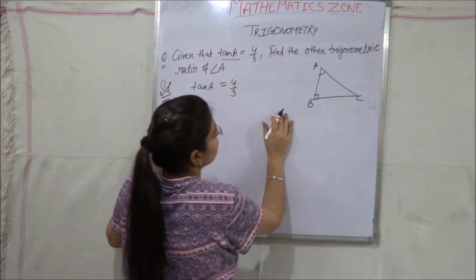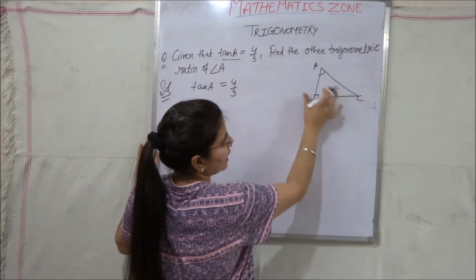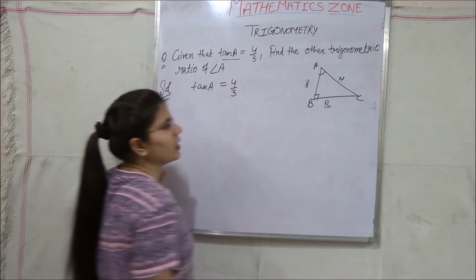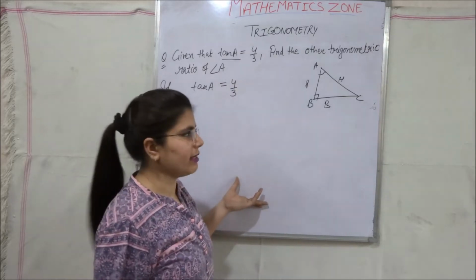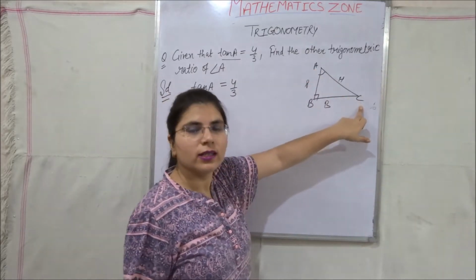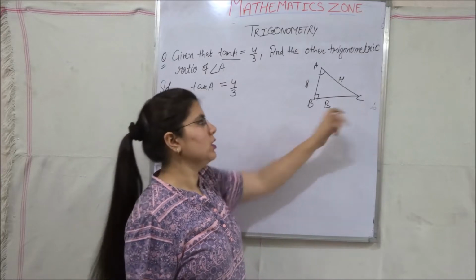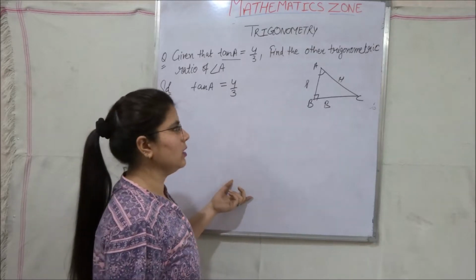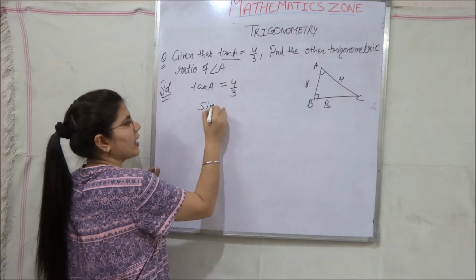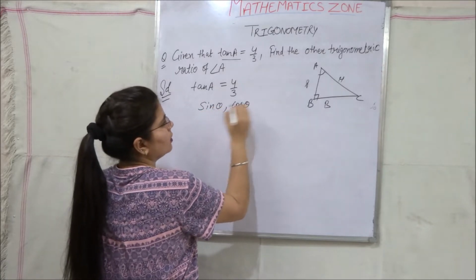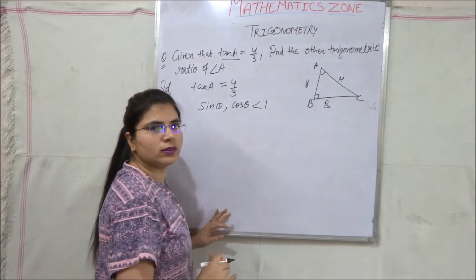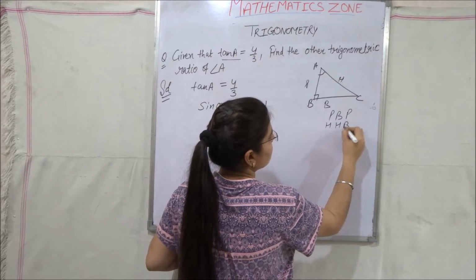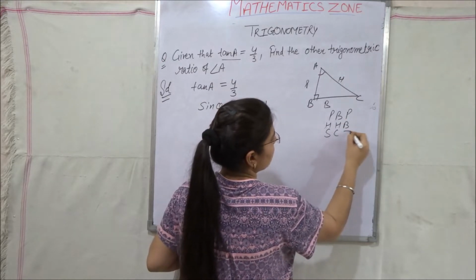Now we know that in the right angle triangle ABC, the hypotenuse is the longest side. So as AC is the hypotenuse in this right angle triangle, the hypotenuse is always the longest side of a right angle triangle. So the value of sin theta and cos theta is always less than 1. The reason is that according to our formula, Pandit Badri Prasad har har bole, sona chandi tole.